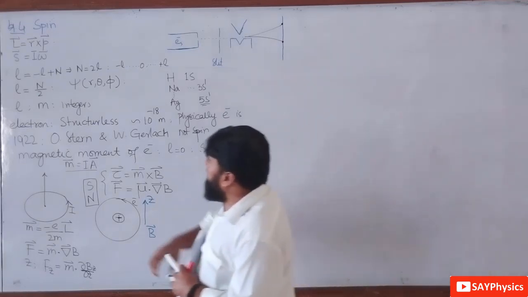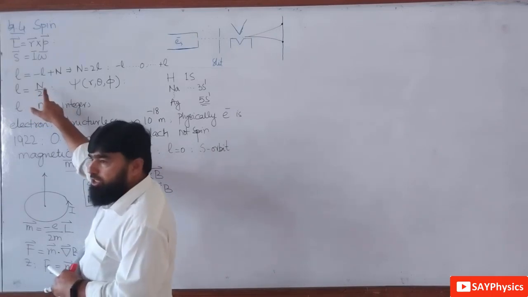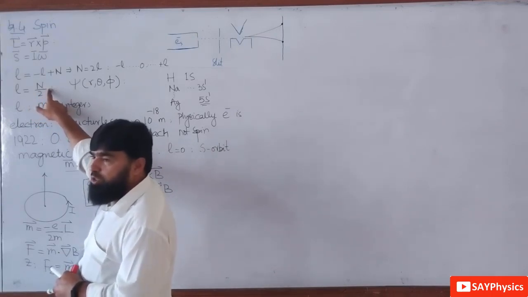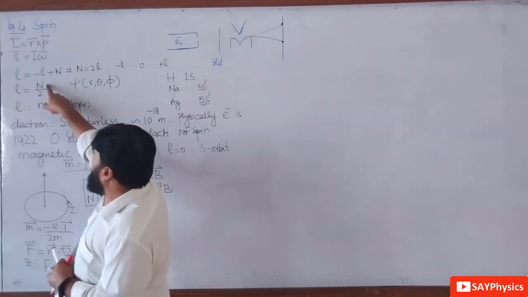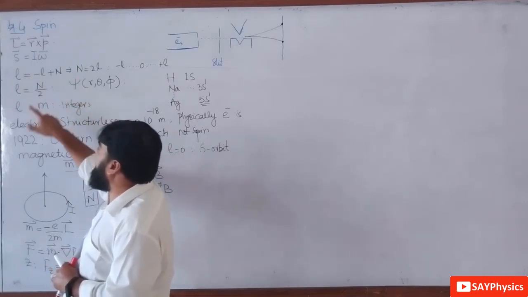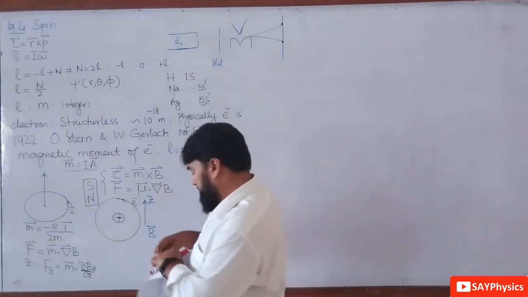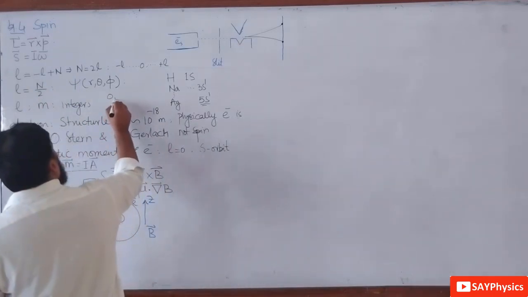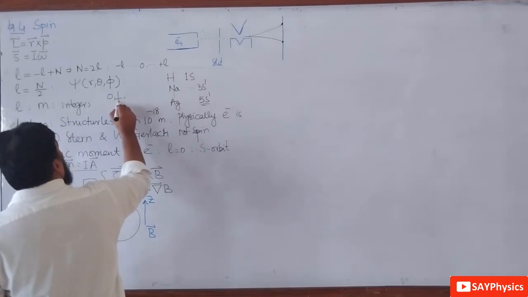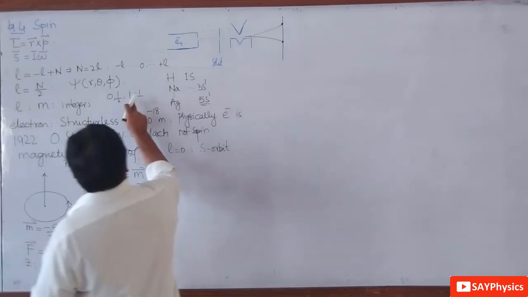And from here we know the angular momentum integers, 0, 1, 2, 3. So we know 1 and 2 and so on, but we don't know from where the half values are coming. Like 0, then 1/2, then 1, and then 1 and 1/2.